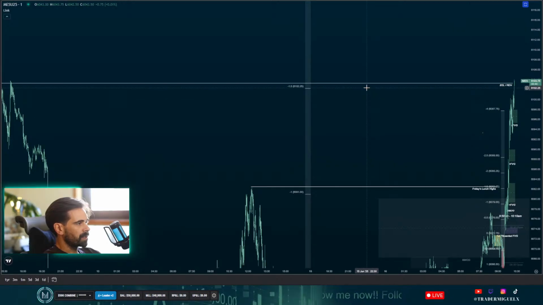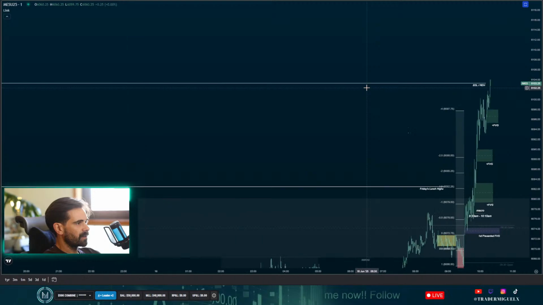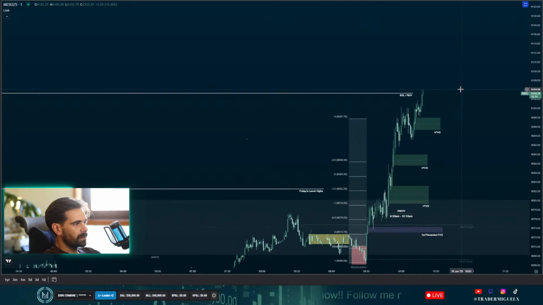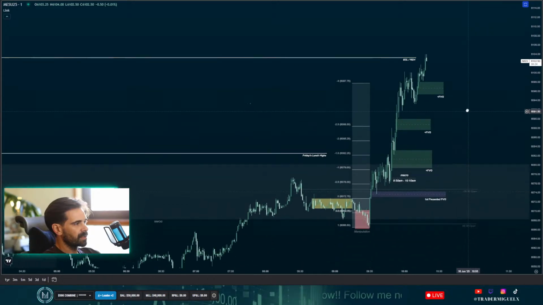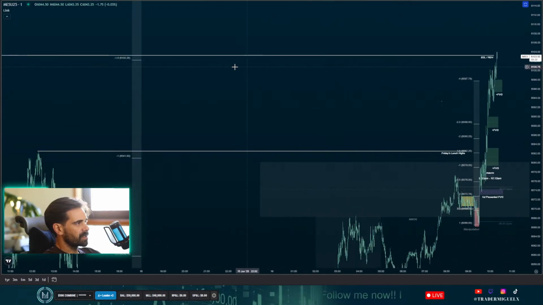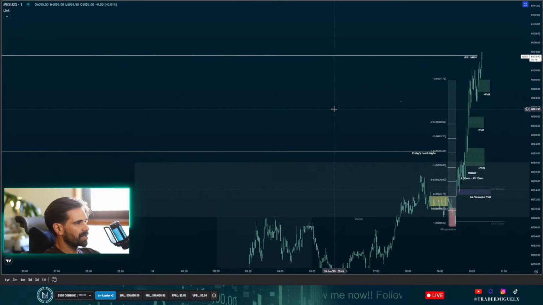Look how we reached here, minus 1.5 standard deviation. So the question is now, will price continue to the upside, or will we start some kind of a retrace to the downside? Because that's what I'm curious to see, since we already hit minus 1.5 standard deviation.